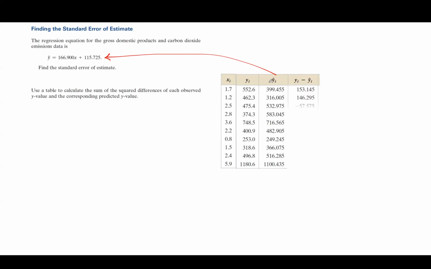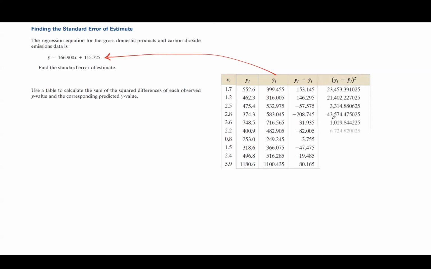So yi minus yi hat, the difference between the actual y value and the predicted y value, and then we're going to raise them to the second power. So you have yi minus yi hat to the second, and these are the values.